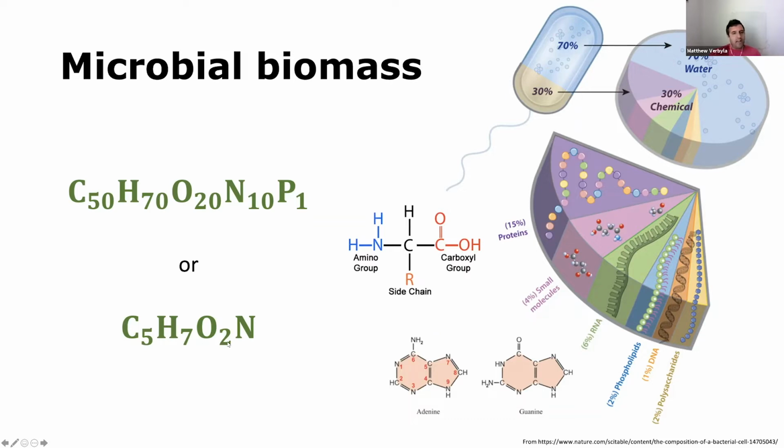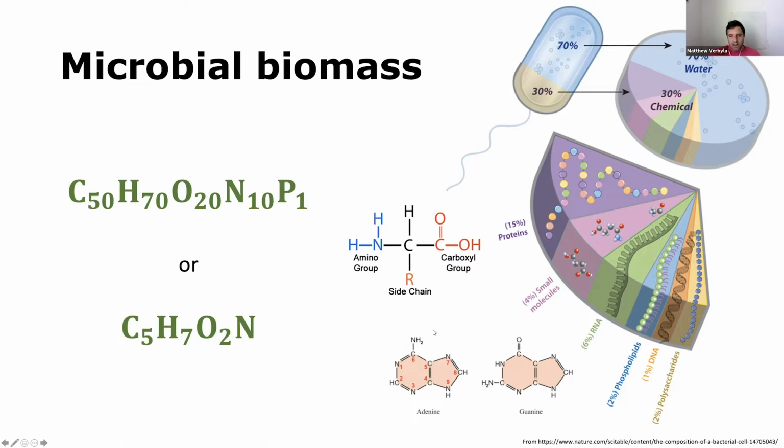All right, so C5H7O2N. Whenever you see that, you should just think about microbial biomass sludge from wastewater treatment processes being produced. And it's based on the chemical composition of a microbial cell, right? So a microbial cell is 70% water, H2O, which is where we get a lot of the H and a lot of the O. It's 30% chemicals, and those consist of proteins, which you can see here have carbon, nitrogen, hydrogen, oxygen, 4% small molecules, also RNA, phospholipids, DNA, polysaccharides.